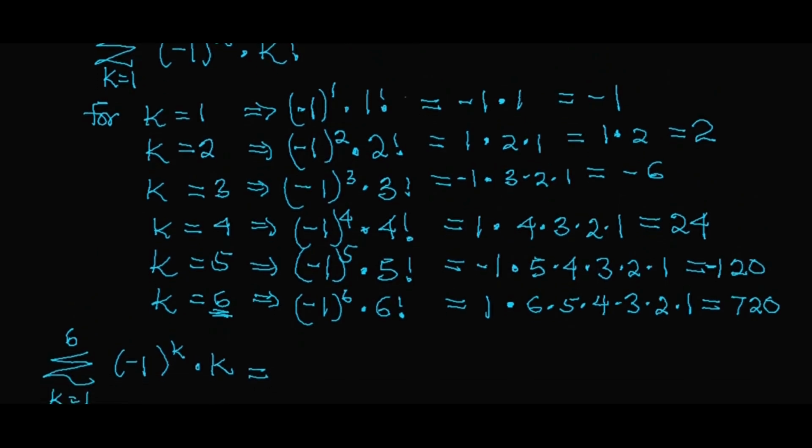When k equals 1, we have minus 1, plus, when k equals 2, we have positive 2, when k equals 3, we have minus 6, so we are adding, plus, when k equals 4, we have positive 24, plus, when k equals 5, we have minus 120, plus, when k equals 6, we have positive 720.